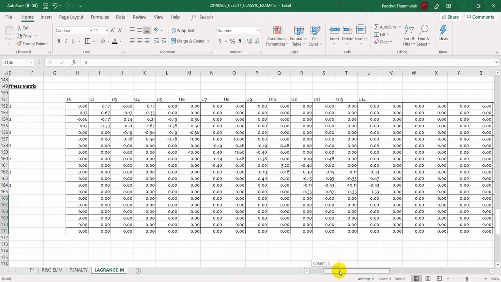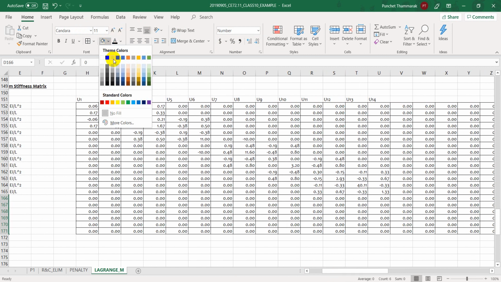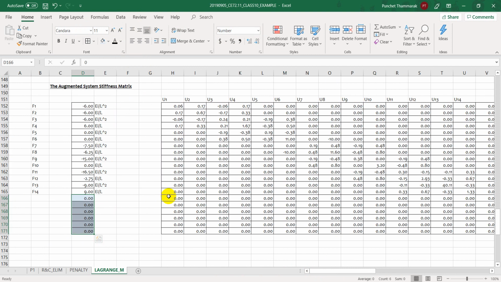I think I should highlight it. Matrix gets quite big.